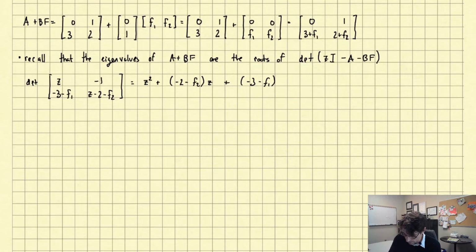So desired eigenvalues give, okay, those are my, remember I wanted eigenvalues at negative 0.2 and negative 0.5. Multiply this out.